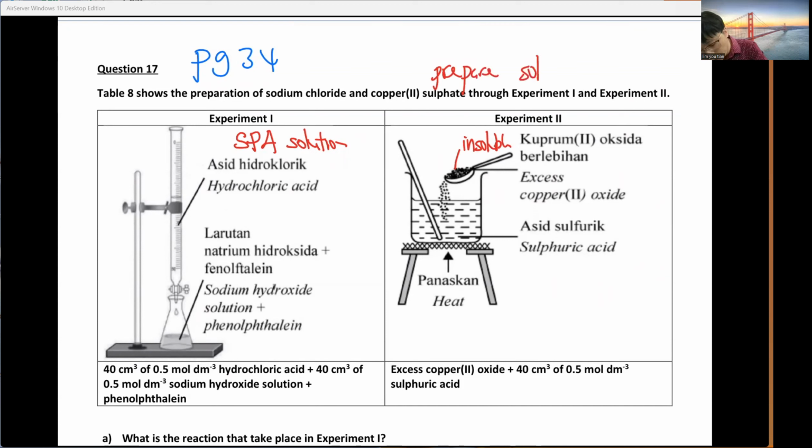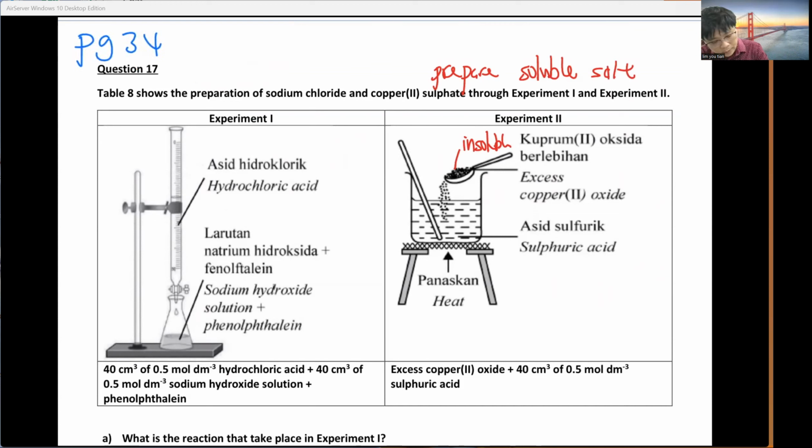As I told you, soluble uses insoluble, insoluble uses soluble. So this one is to prepare a soluble salt. You need to know the idea: this one has an insoluble substance inside, so confirm it is to prepare a soluble salt.